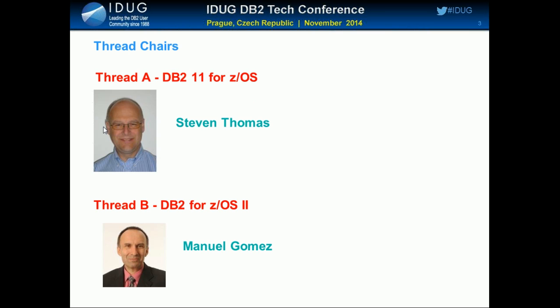Each thread has a thread chair, and these thread chairs will be responsible for providing you with the moderator envelopes, the moderator packs, which I'll talk about later in the session, and they'll be your point of contact if there are any issues. Thread A, the chair is Steve Thomas. Thread B, it's Manuel Gomez.